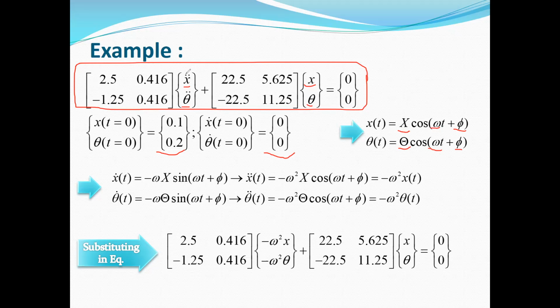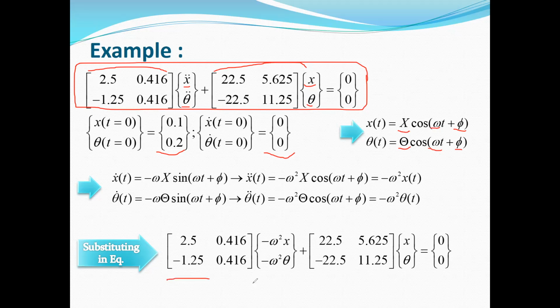So if you substitute here, we will have this matrix M multiplied by minus omega squared plus this matrix K, and all of these terms will be multiplied by the vector x and theta, and must be equal to 0.